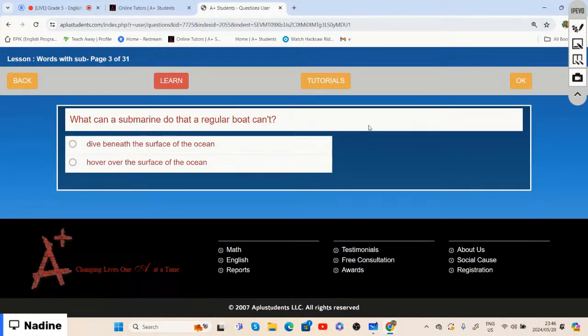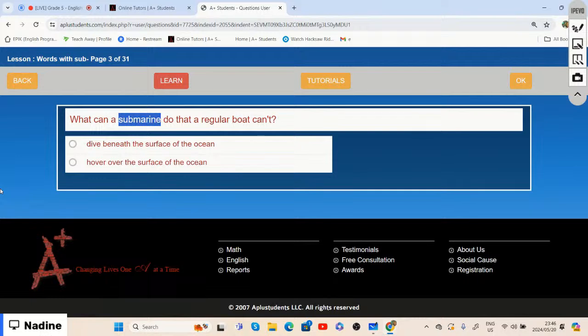All right, last one. What can a submarine do that a regular boat can't do? A submarine can dive beneath the surface of the ocean, or a submarine can hover over the surface of the ocean. So what does a submarine do?